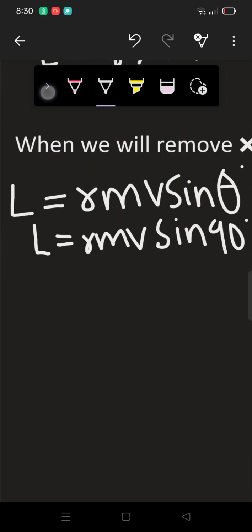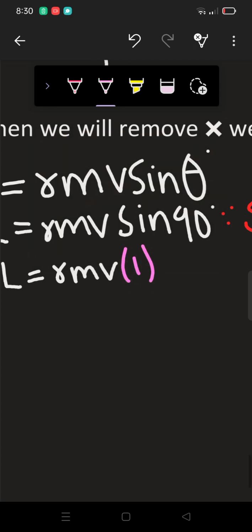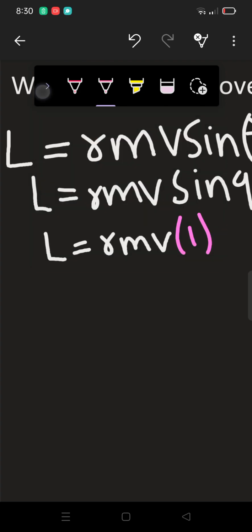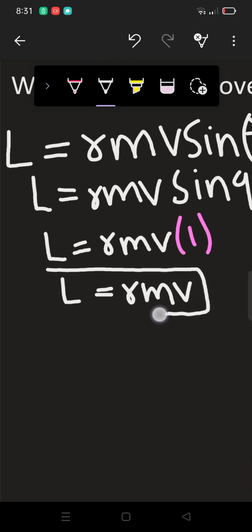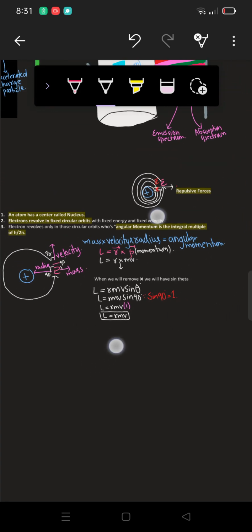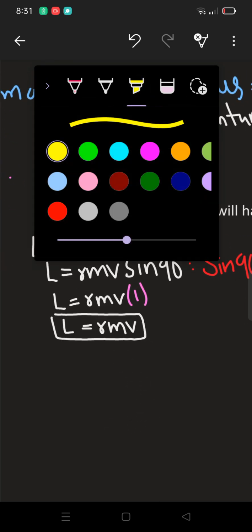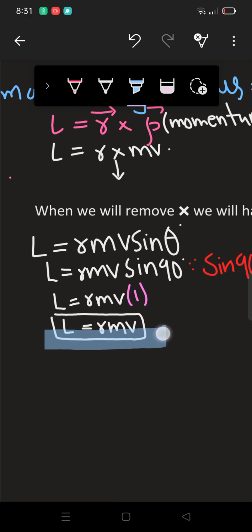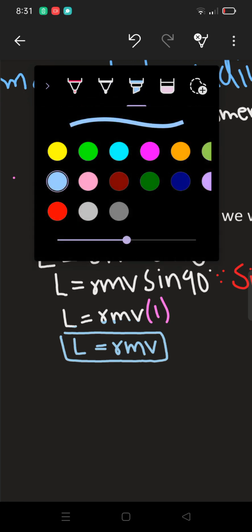So L is equal to RMV, or MVR, since they are all multiplied, it does not matter. So our final formula is L is equal to MVR. Let me highlight this too.